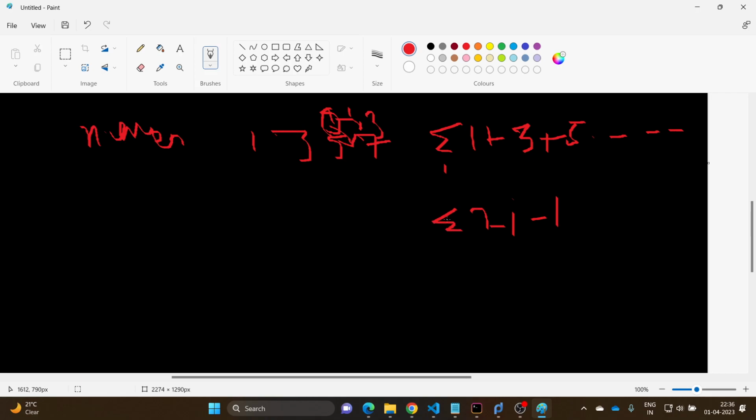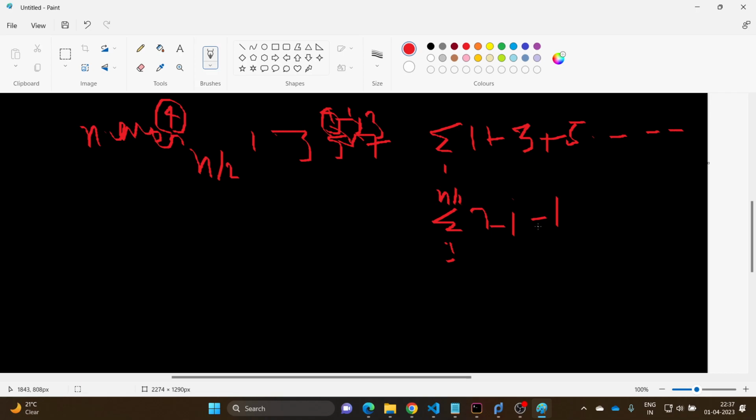Up to what? If you see, 3 is nothing but n is even and n was 4, and the maximum difference taken was 3. So that means n by 2. You have to take the sum of all of these elements from index i equals 1 to n by 2.